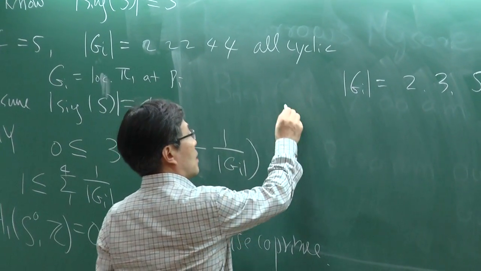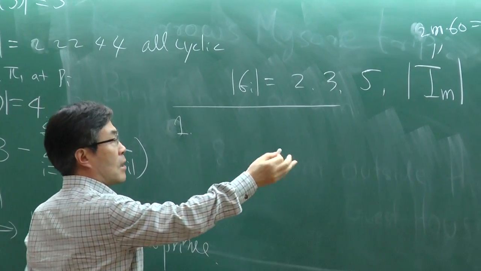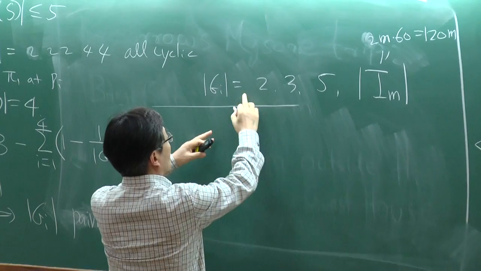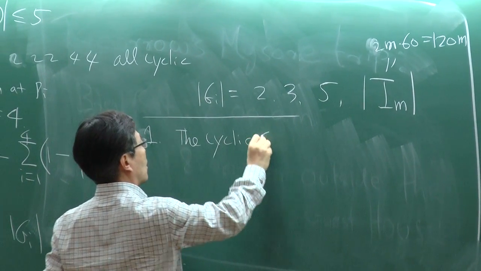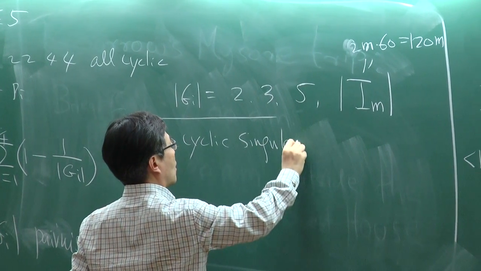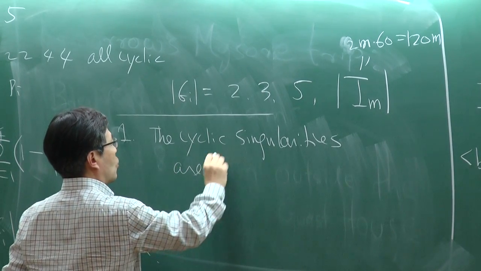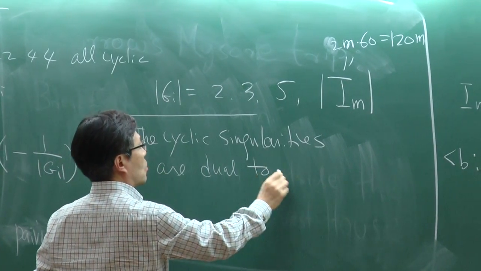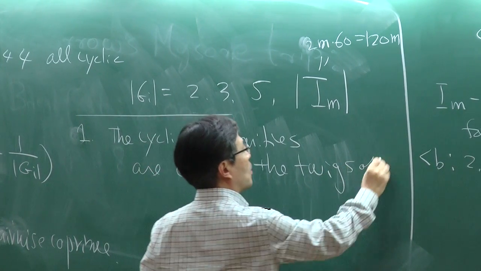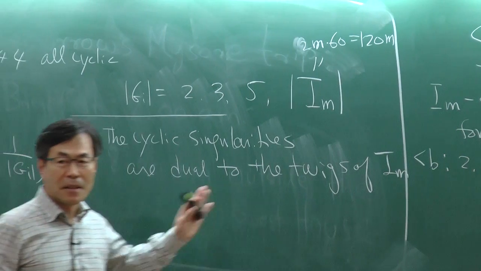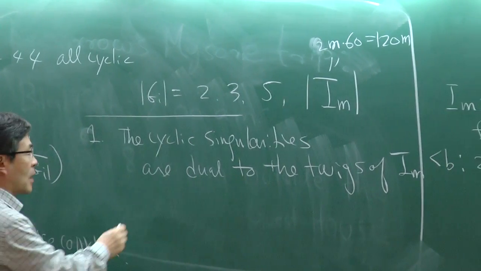And then the step is that these singularities are dual to the twigs of the I_m singularity. This follows from lattice theory; it's not that hard.